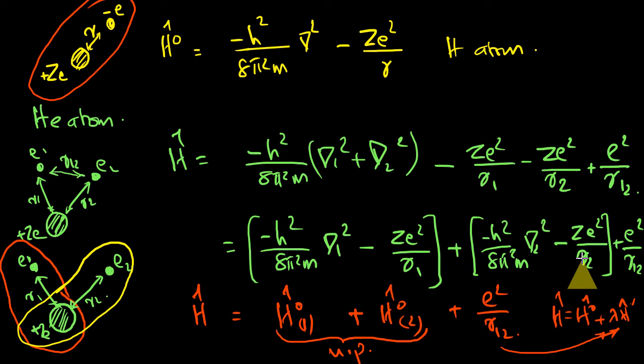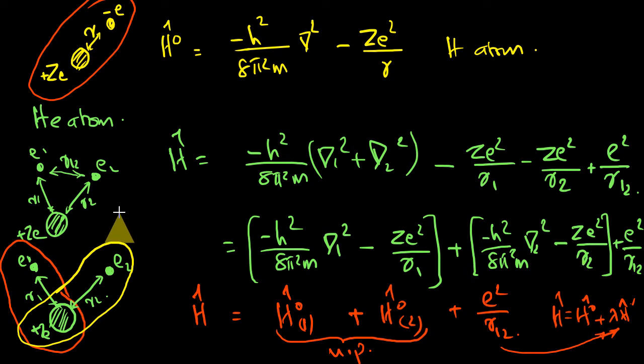So now we have expressed the Hamiltonian of the perturbed system in terms of the Hamiltonian of the unperturbed system.